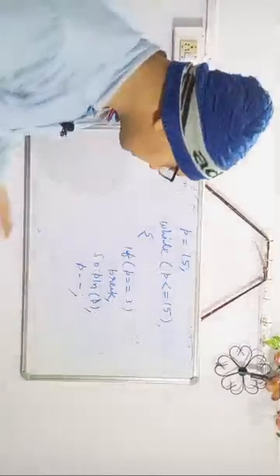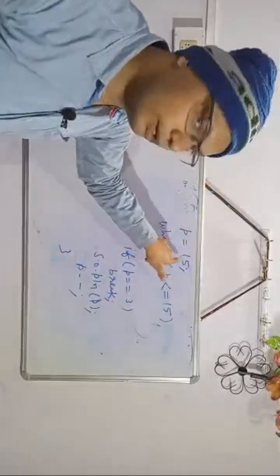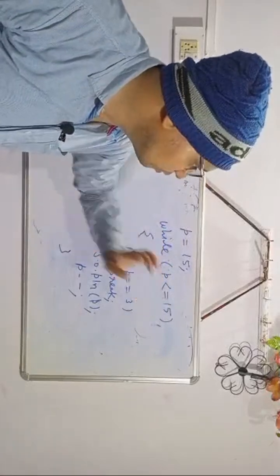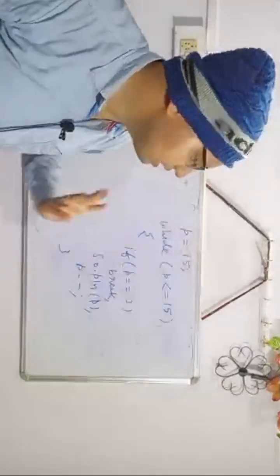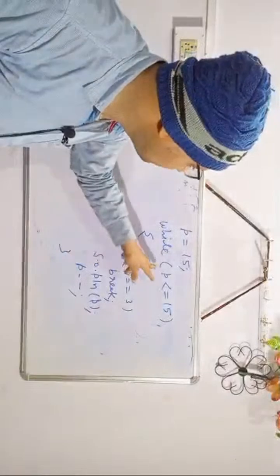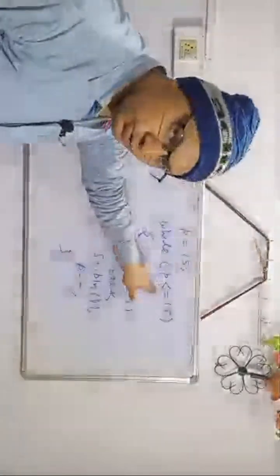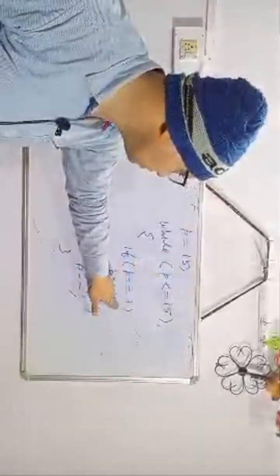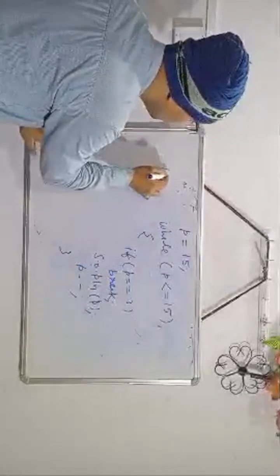The initial value we have given is 15. 15 is lesser or equal to 15, so the condition is true. P is not equal to 3, so no break. 15 will be printed.